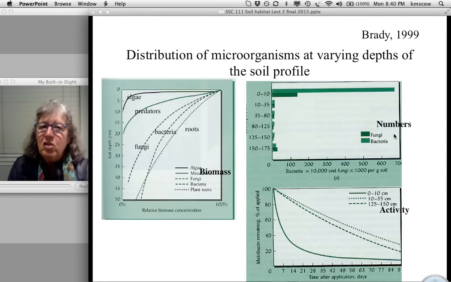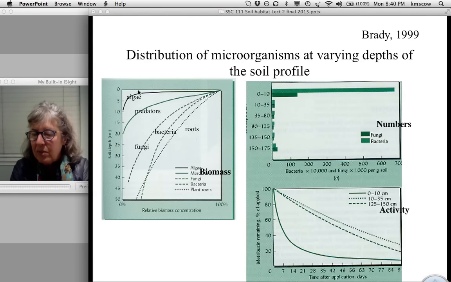So what about the distribution of microorganisms as you go deeper in the soil? Well, it's pretty straightforward, and we can look at these different pictures. Here are some different groups of organisms, and this shows you the relative biomass concentration, very high on this side. Everyone starts out high at the surface, but as you move deeper in the soil profile, you get numbers of organisms or biomass of these organisms dropping off.